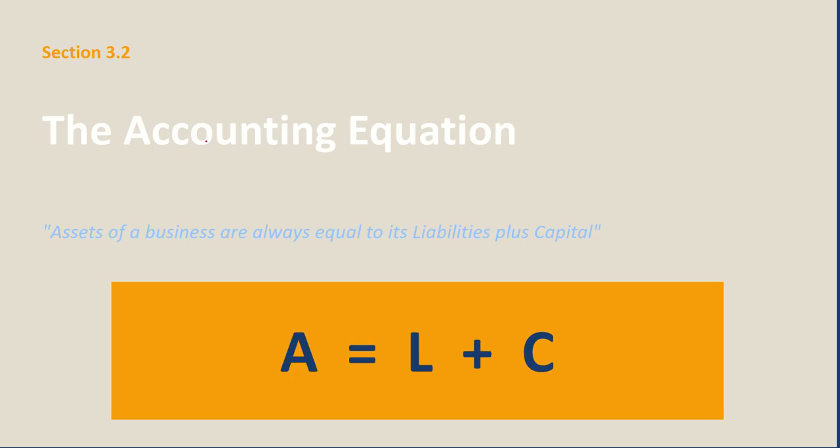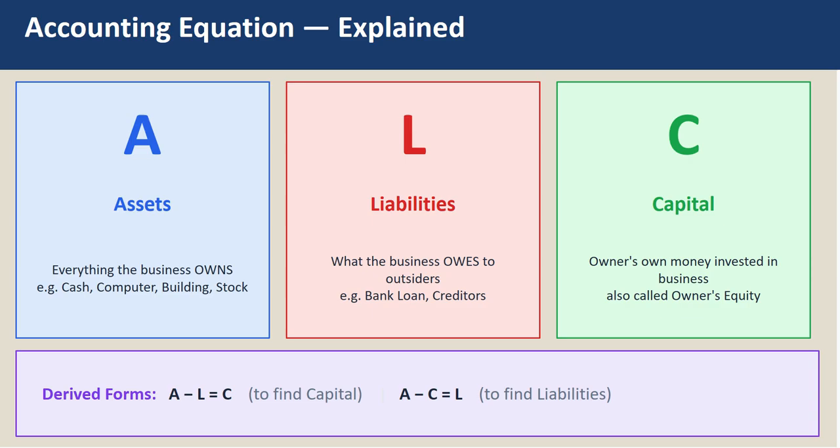We'll see what is an accounting equation. The accounting equation says that assets of a business are always equal to its liabilities plus capital. So this is the basic accounting equation: assets equal liabilities plus capital. So what are assets? Assets we have already seen.